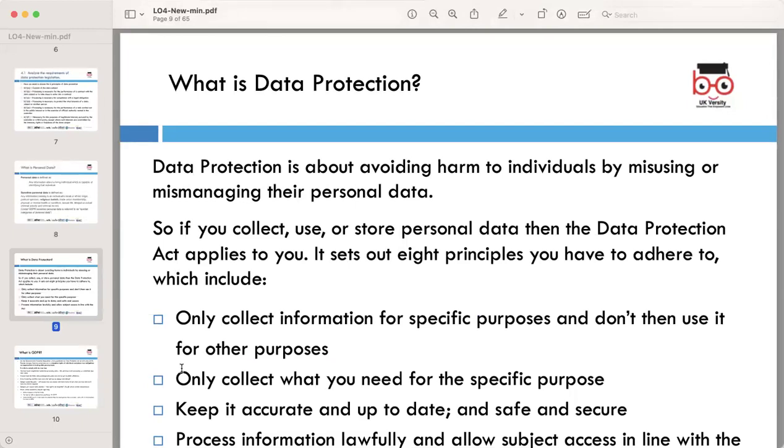Data protection is a practice of preventing harm to individuals by avoiding the misuse or mismanagement of their personal data. The Data Protection Act applies to those who collect, use, or store personal data and outlines 8 principles to be followed.